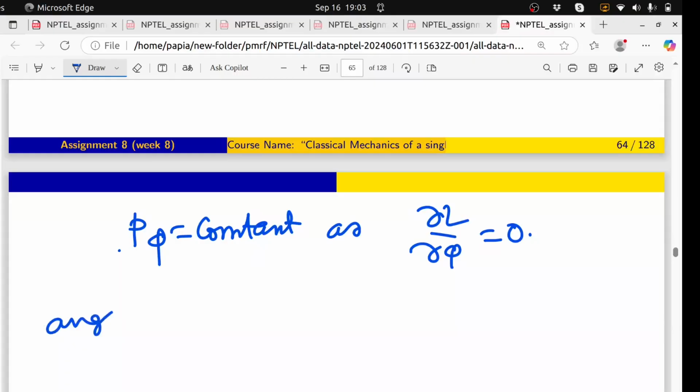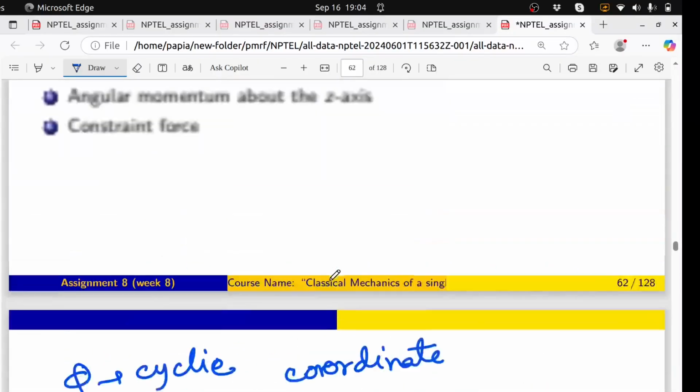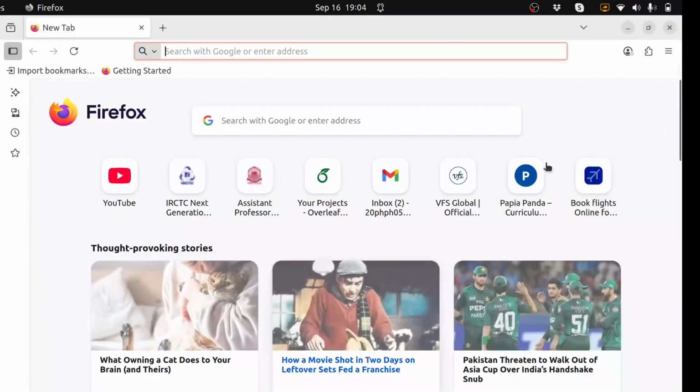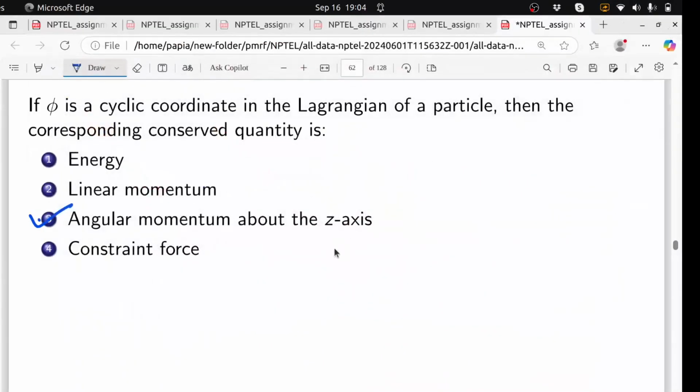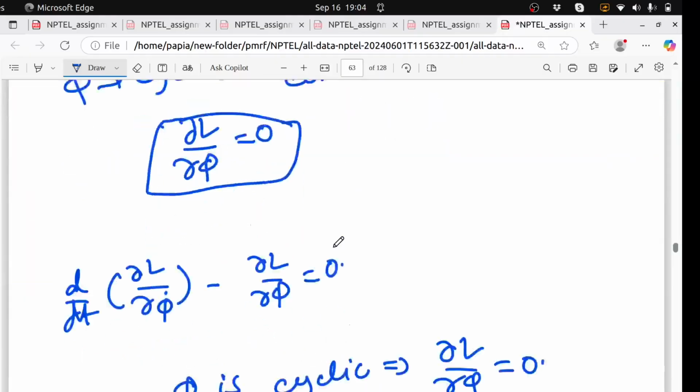So angular momentum is conserved. Okay. So angular momentum about the z axis is conserved here. Okay. Yeah. So as phi is a cyclic coordinate, that means I can tell that the angular momentum about the z axis is conserved here. Okay.